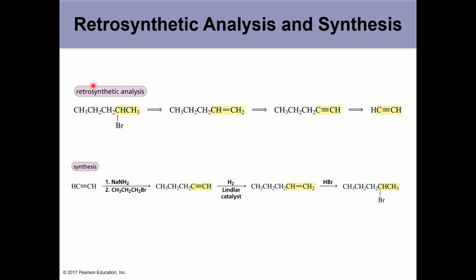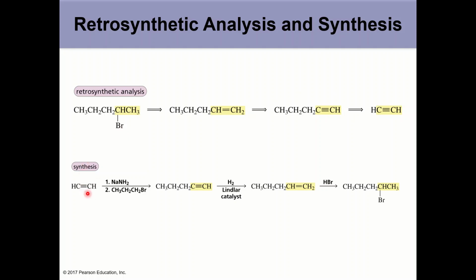So then, once they have done this analysis of functional group transformations, the alkyl halide from the alkene from the alkyne, and the 5-carbon alkyne from the 2-carbon alkyne, they'll go back, starting with the 2-carbon alkyne, and put in the reagents required to go from alkyne to alkene, and from alkene to alkyl halide.